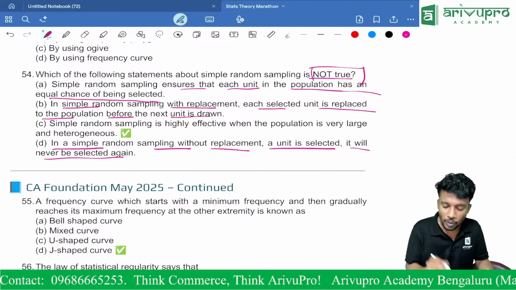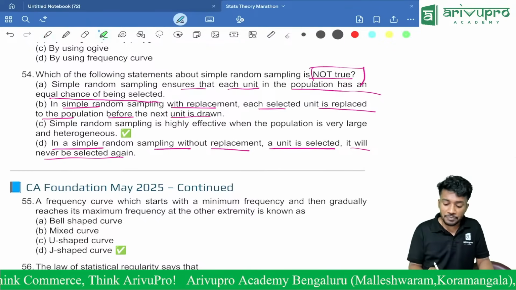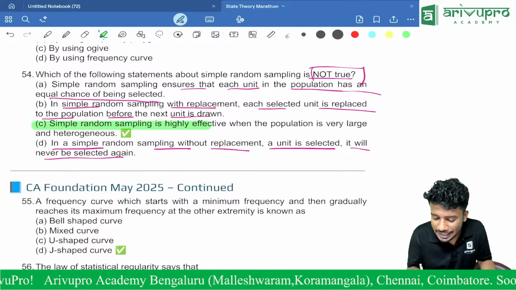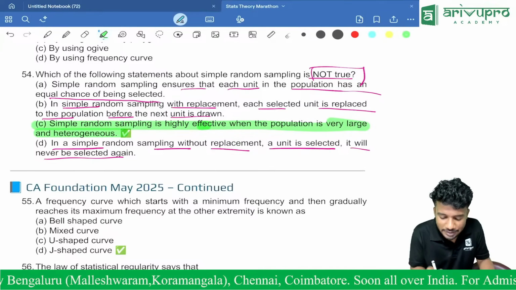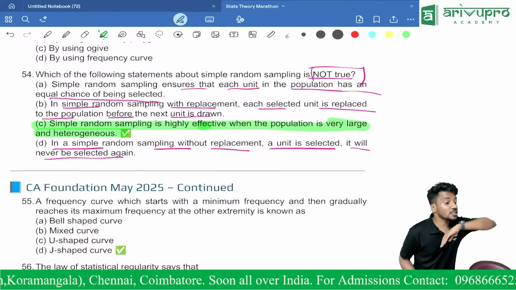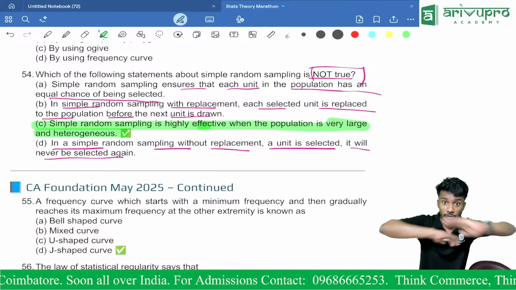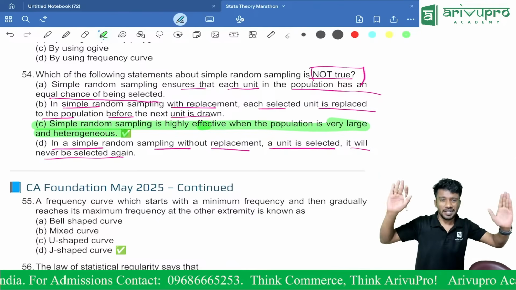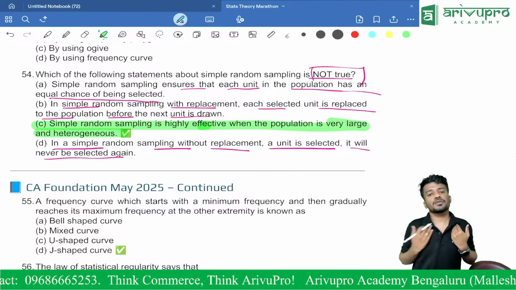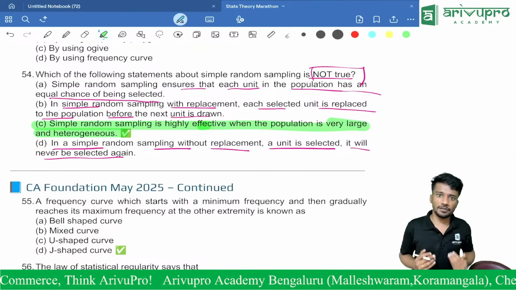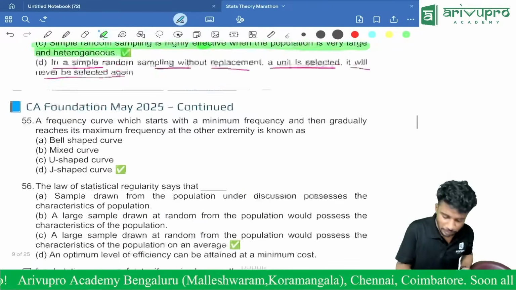That is also true. Which is not true? You tell me. Simple random sampling is highly effective when the population is very large and heterogeneous. If the population is very large and heterogeneous, meaning too many types of data sets are there, then simple random sampling is not effective. So that is the wrong statement.